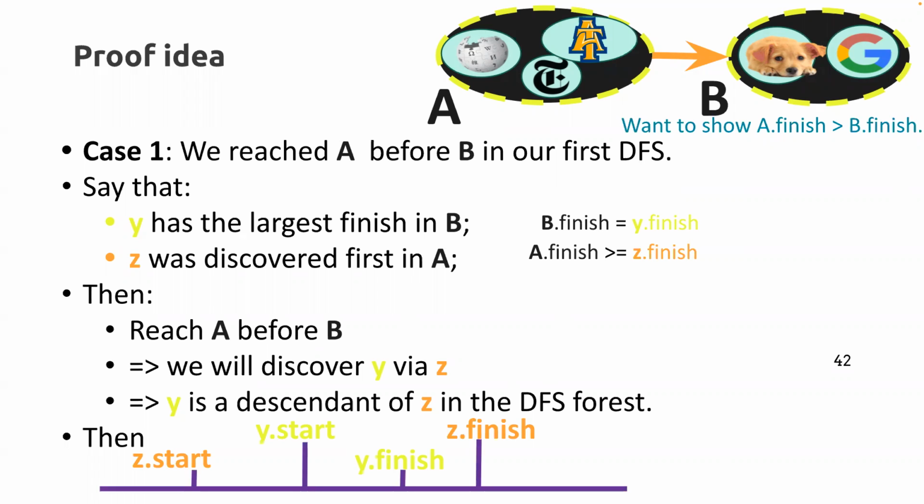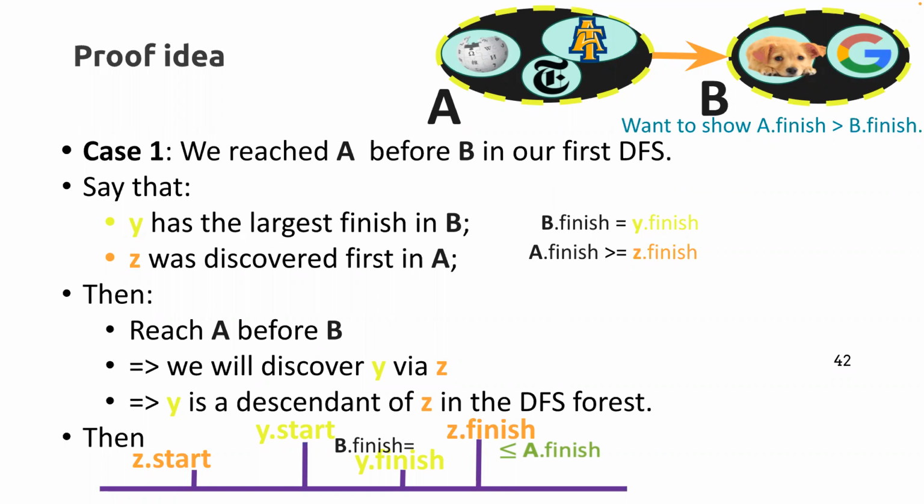Then, by the same logic that we used in the depth first search argument, the start time of Z is less than the start time of Y. So Y starts and finishes between Z starting and finishing, which basically means that the finish time of B, which is actually equal to the finish time of Y, is less than or equal to the finish time of A, which is what we wanted to show.